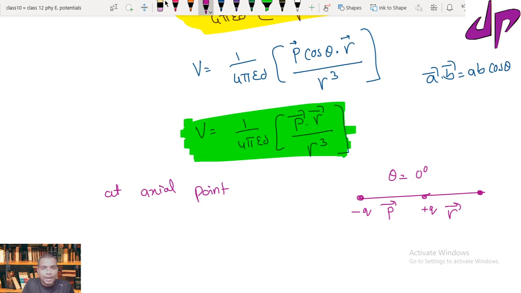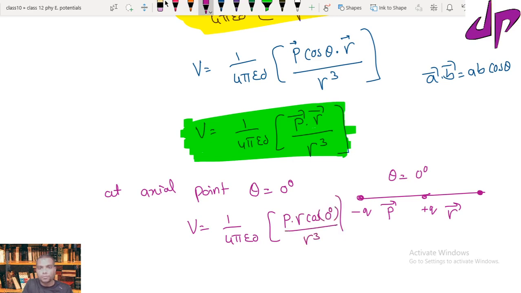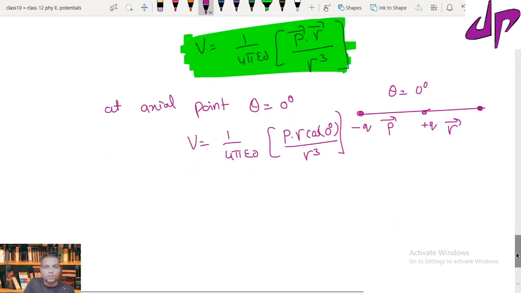So I can write at an axial point theta equals 0 degrees. The potential V equals 1 over 4 pi epsilon naught of P times r cos 0 degrees upon r cube. Cos 0 is 1, so V equals 1 over 4 pi epsilon naught of P times r by r cube.